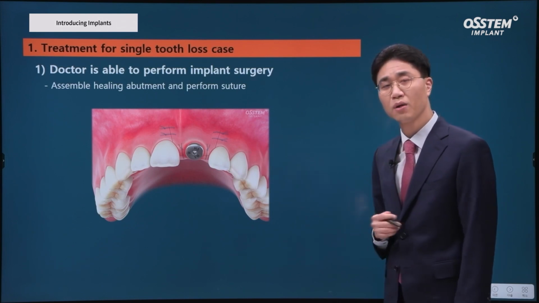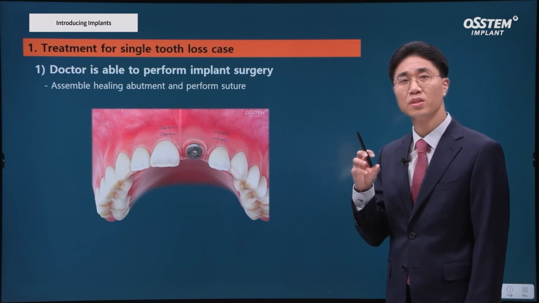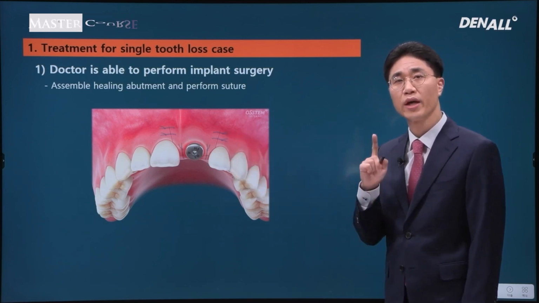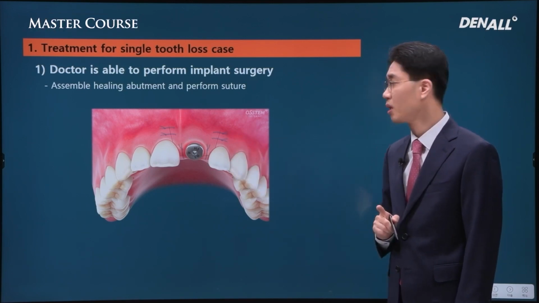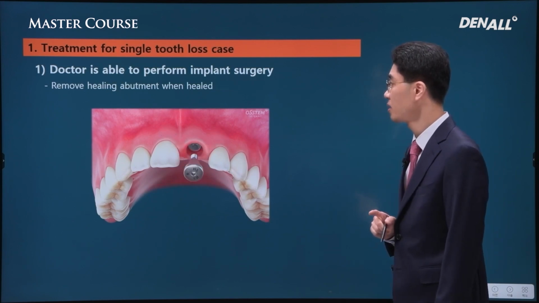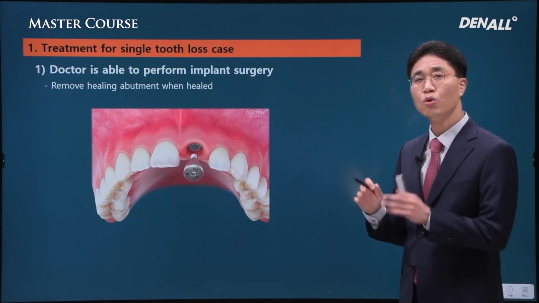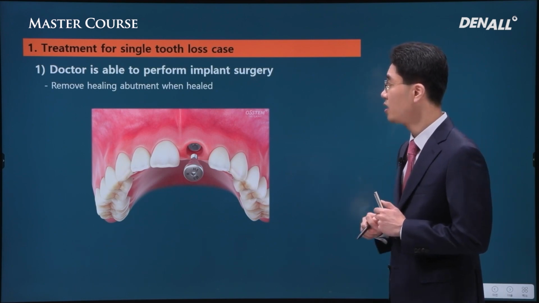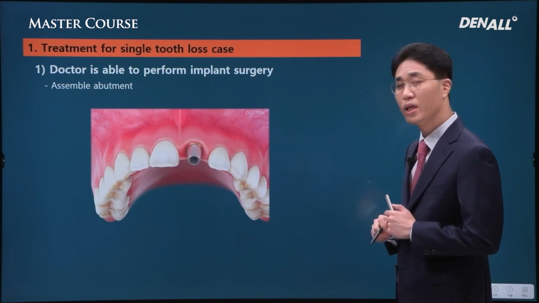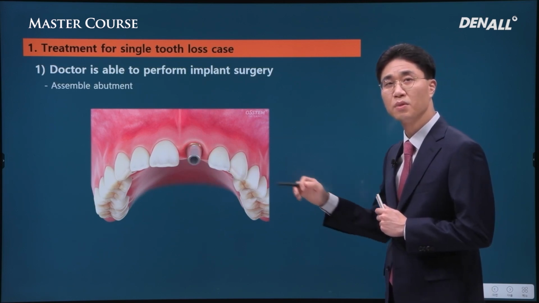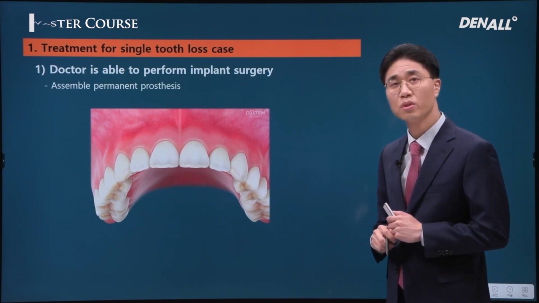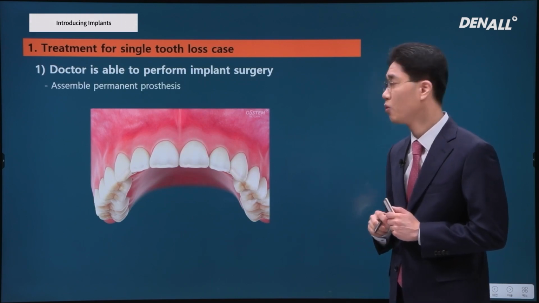Or a healing abutment can be connected. Sutures can be done for one-stage surgery. And then we wait for osseointegration to occur sufficiently, and once this is complete, the abutment for the prosthetic phase is connected, and after that, the crown is fabricated.